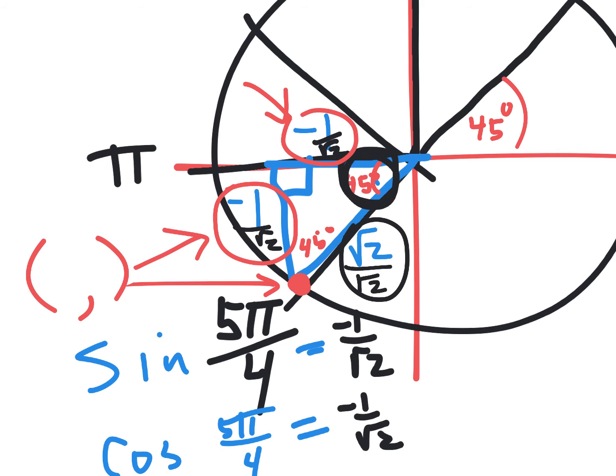The x value of it was negative 1 over root 2, and the y value was negative 1 over root 2. And if you've got that in a point form, it's super powerful because that's the sine, that's the cosine. And the tangent is dividing them both together, which since they're the same, it's equal to 1.